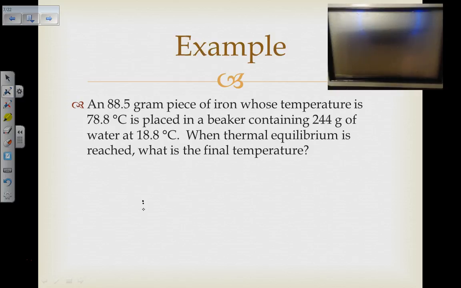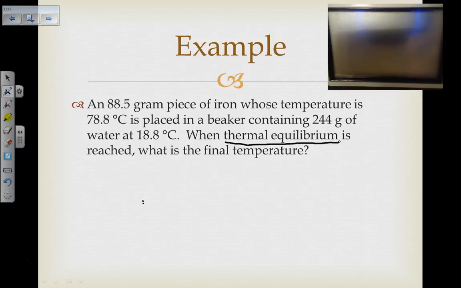The temperature of the metal will go down, and the temperature of the water will go up, and eventually they'll meet in the middle, and at that point there's no heat being transferred.